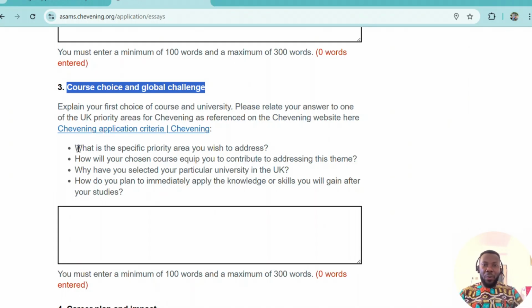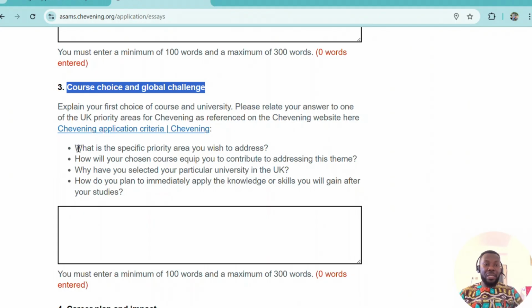For example, the kind of faculty members that they have, their approach to teaching and research in the area, if they offer opportunity to intern and have hands-on experience during the study program, you can highlight it. If their teaching strategy is unique and resonates with you, you must highlight that.